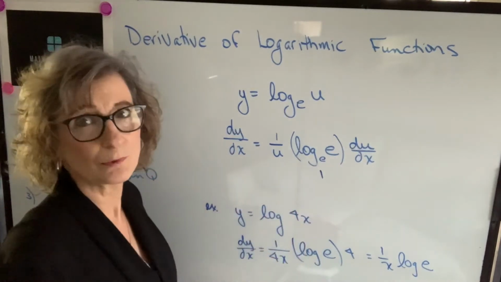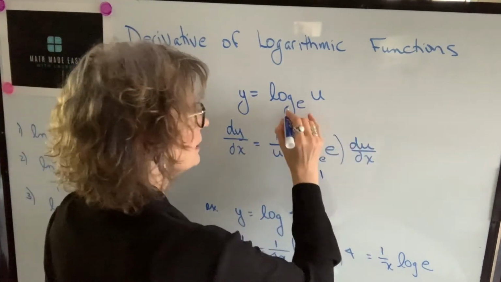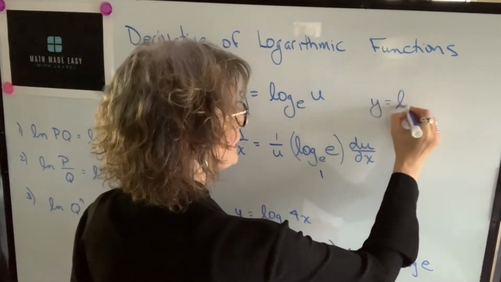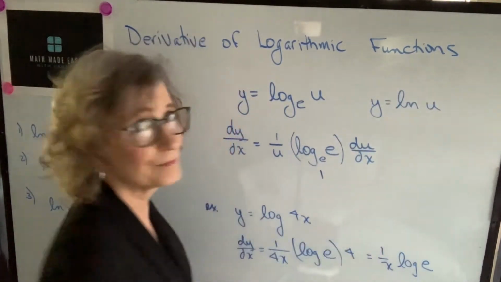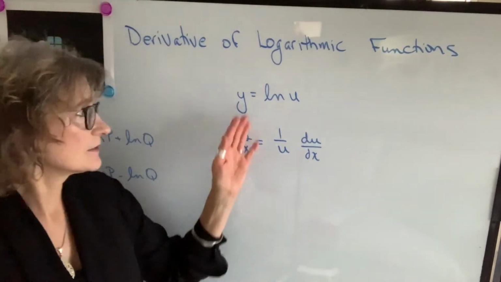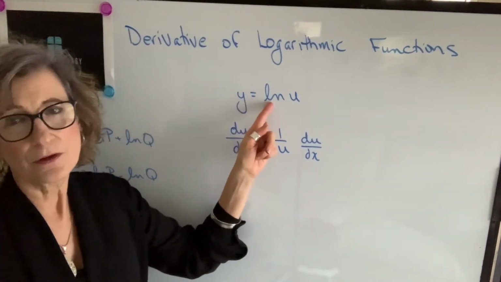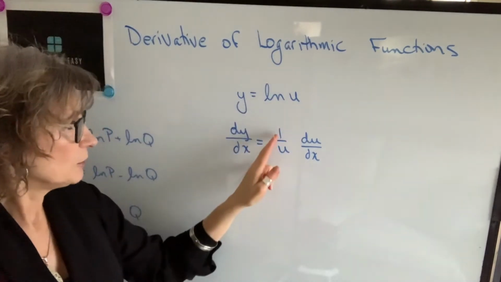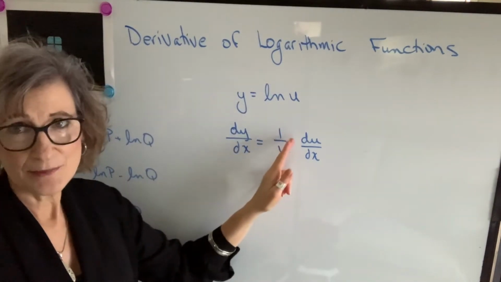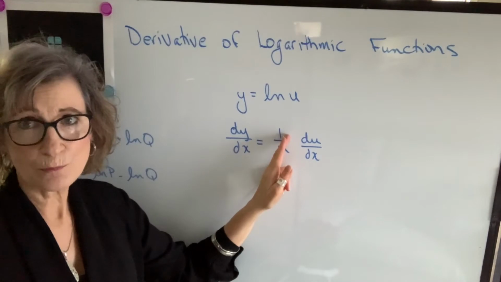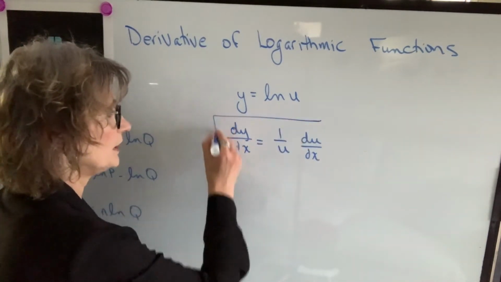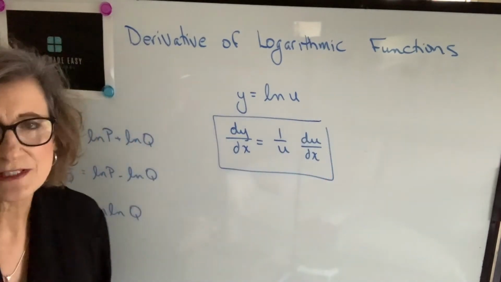The way we write log of u base e is natural log of u. Therefore, if I was asked to find the derivative of natural log of u, which is log base e, it would be equal to 1 over u times that 1 that I mentioned, times du dx. So this is the formula we will be working with in all of these examples.